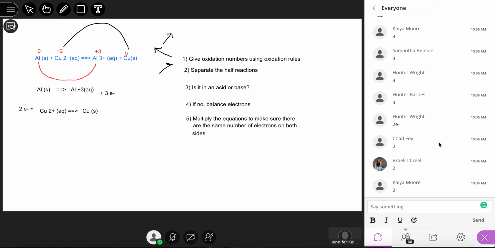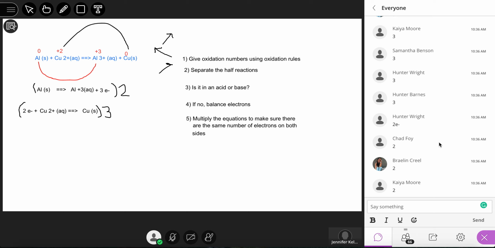Okay, let me move these things out of the way. Let me put this more where I want it. Okay, so we are going to multiply this whole thing by 2, and we're going to multiply this whole thing by 3.